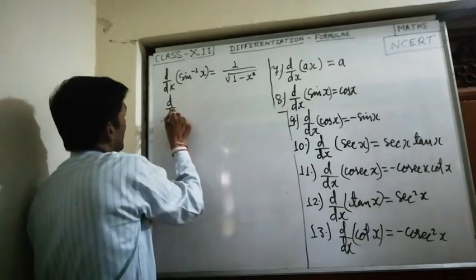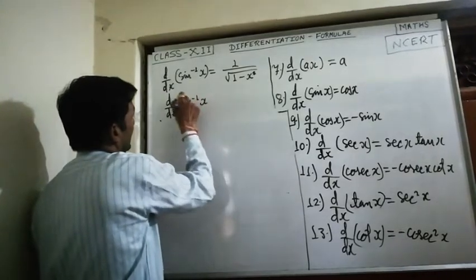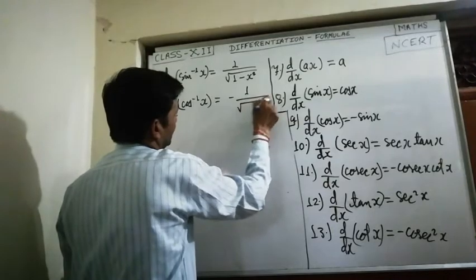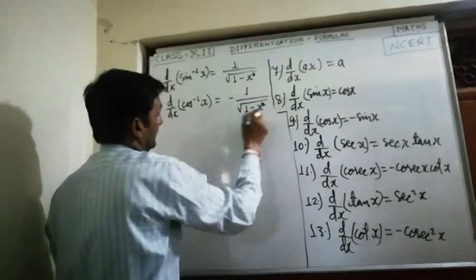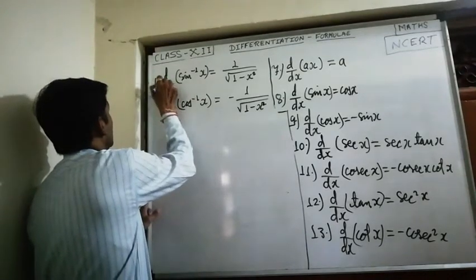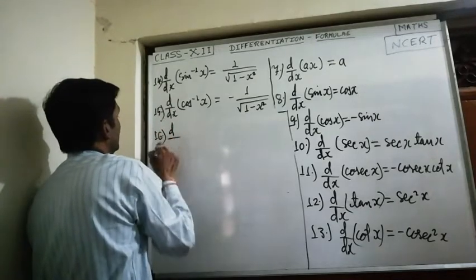Differentiation of cos inverse x. It will be minus 1 upon root 1 minus x square. Differentiation of, it is 14th, this one is 15th, this one is 16th.